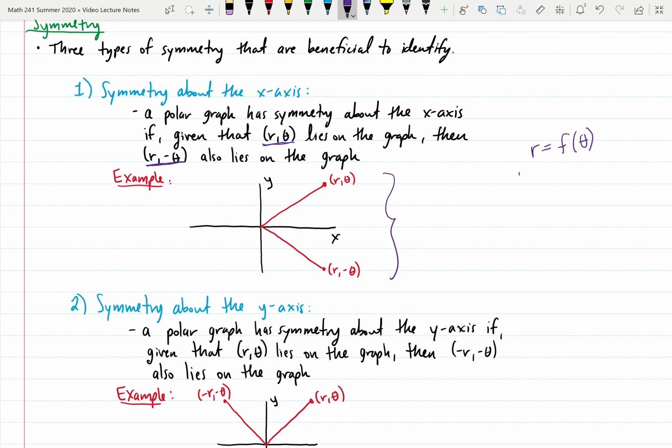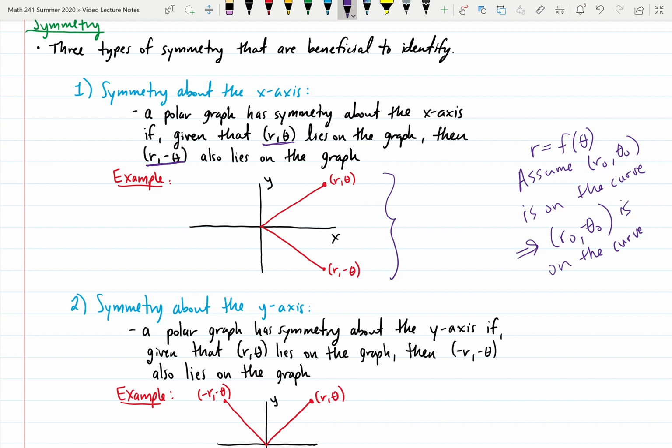And to prove that you have symmetry about the x-axis, you're going to assume that some point, you can call it (r naught, theta naught), is on the curve. And the goal is to prove that (r naught, minus theta naught) is on the curve. There will be an example of this at the bottom, so you can just wait for that.